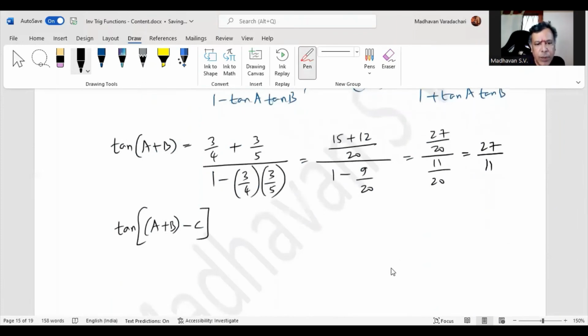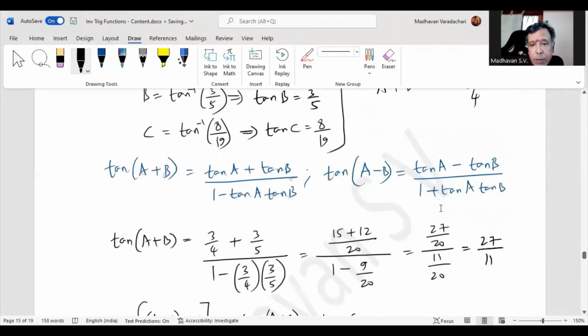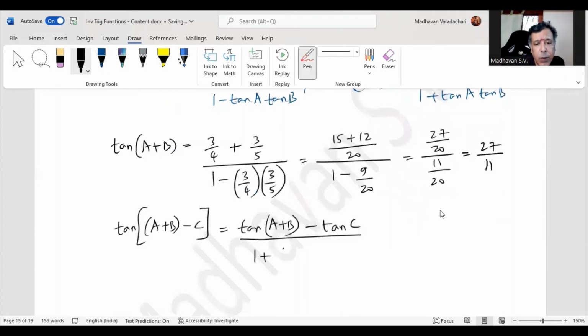So this formula will become now tan of A plus B minus tan of C divided by, here it will be plus in the denominator, 1 plus tan of A plus B times tan of C.